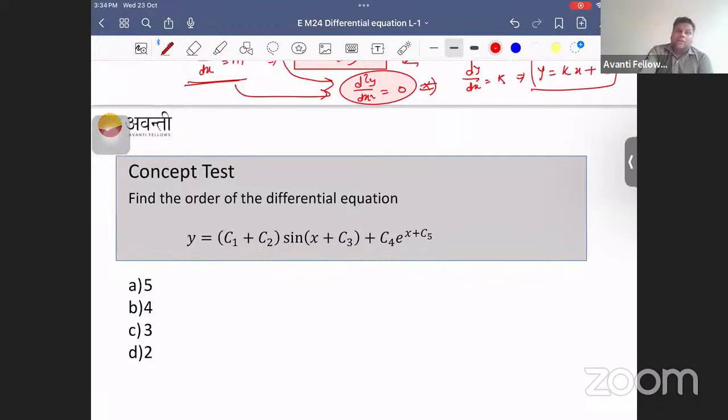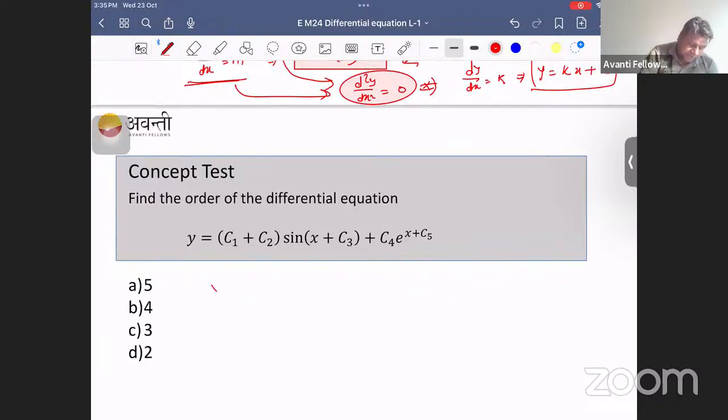Now you have seen this equation. Somebody asks you to find the order of the differential equation. So to get the order, you just see how many independent arbitrary constants are there.